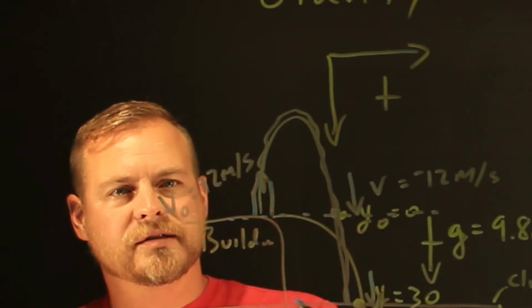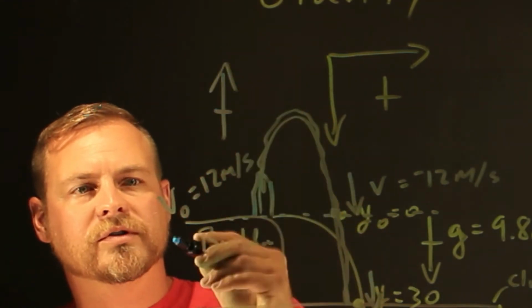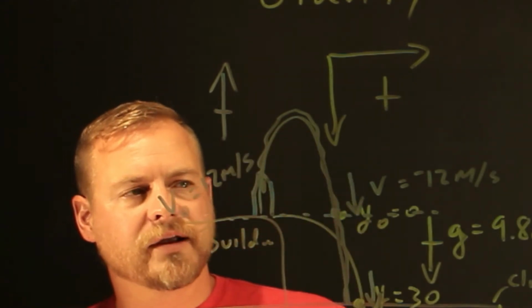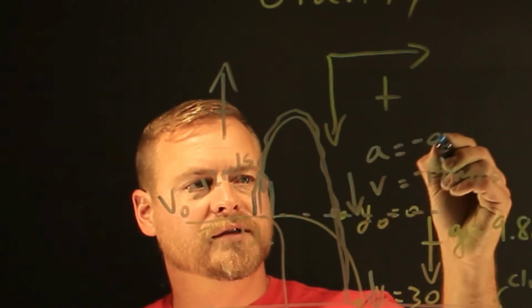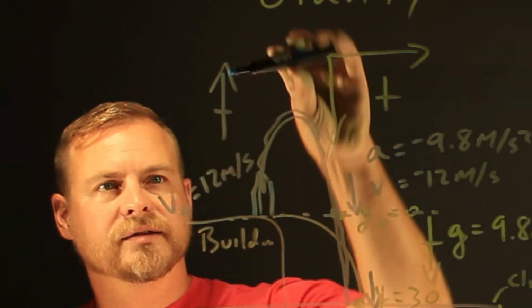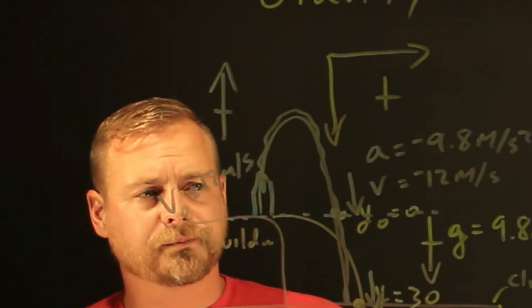Now if we did this, you would have an upwards positive reference point, which means that the acceleration is also going to be negative because you're going against the reference point.